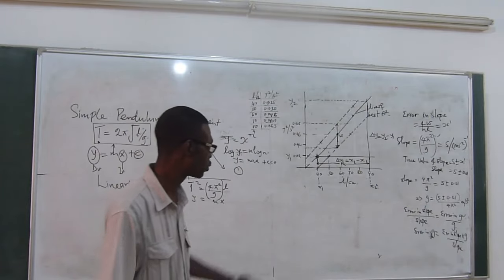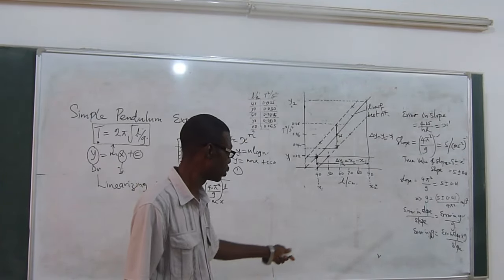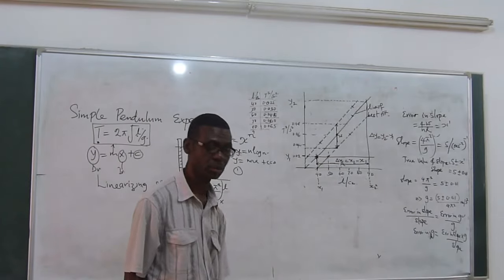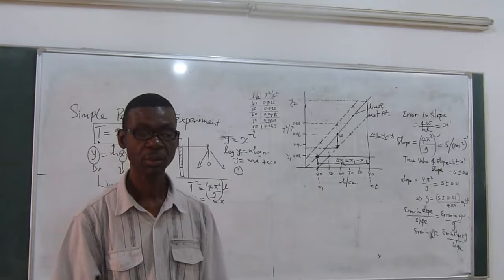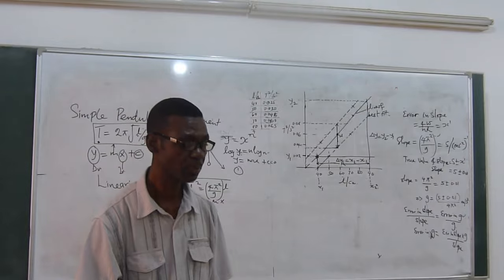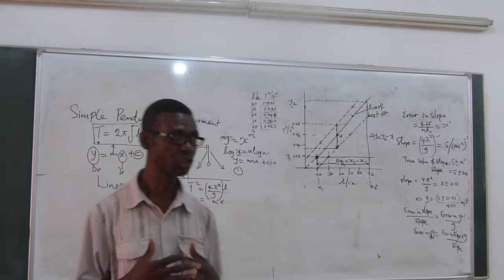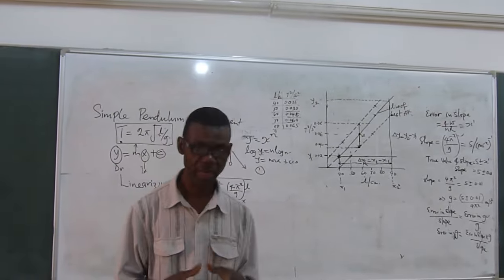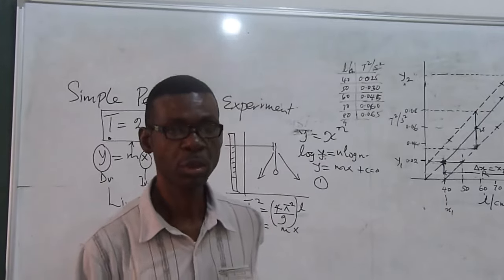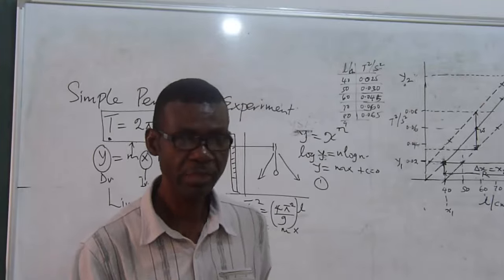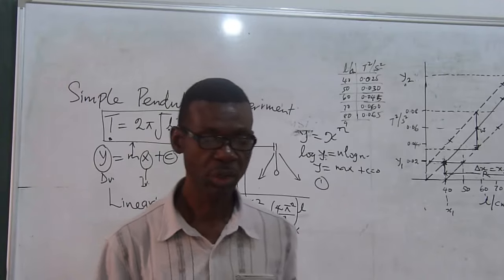So our conclusion is that from this experiment, we have been able to obtain g, and our inference will be whether g is equal to 9.8, depending on what you obtain. You can now adduce reasons. If your g falls short of 9.8, you may adduce reasons as to why it does so. If it is more than 9.8, you can also adduce reasons and make deductions and inferences.